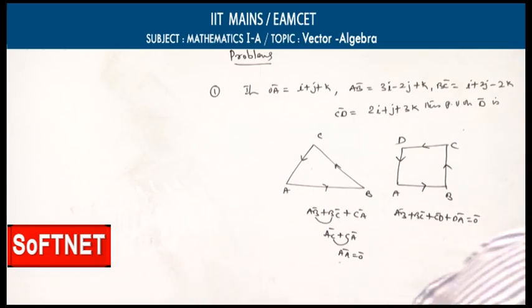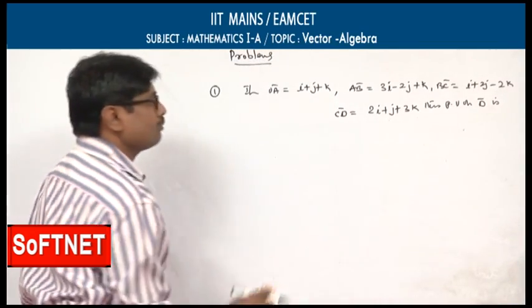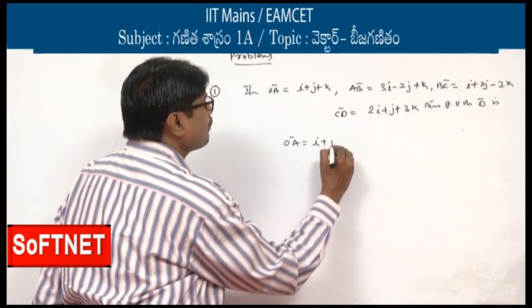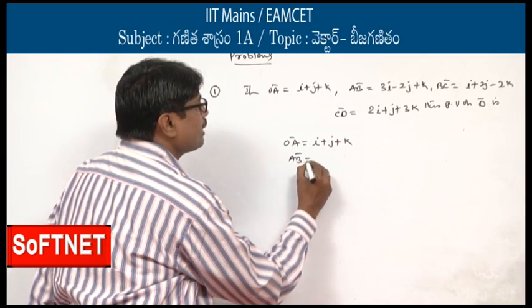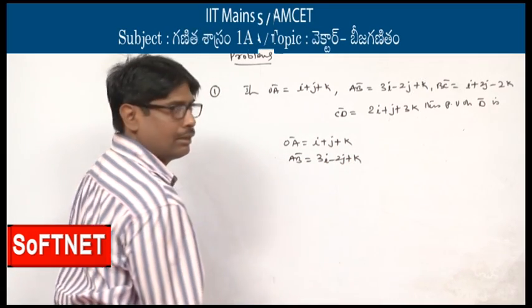Now, our problem is given that OA bar is equal to I bar plus J bar plus K bar, and AB bar is equal to 3 times I bar minus 2J bar plus K bar.